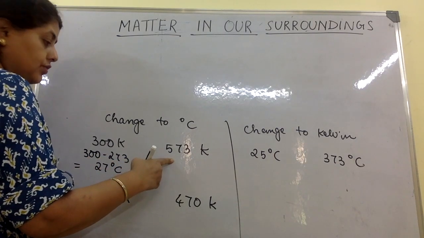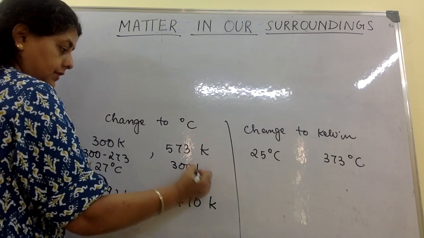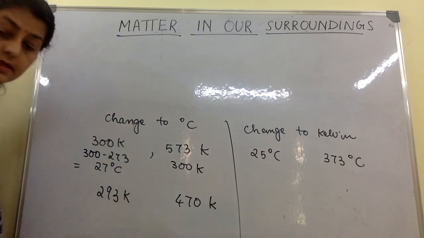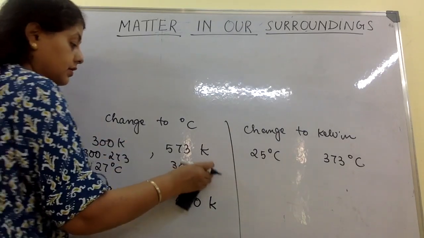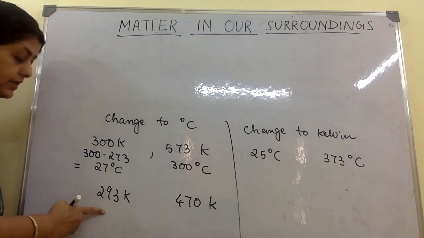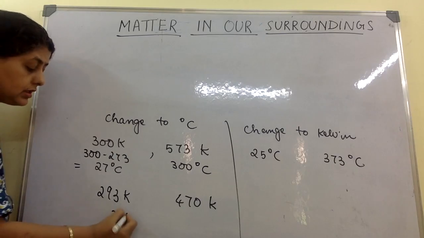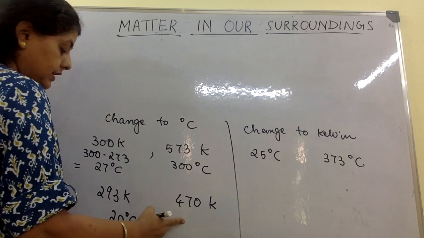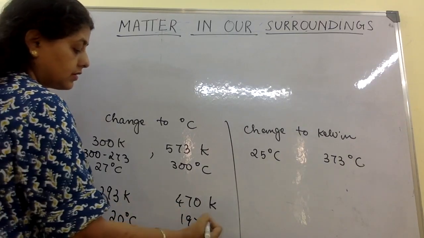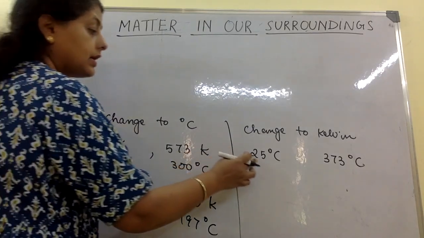Here if I subtract 273, I get 300 degrees centigrade. Here if I subtract 273, how much do I get? I get 20 degrees centigrade. Here I get 197 degrees centigrade. All you have to do is subtract 273. Here, add 273.